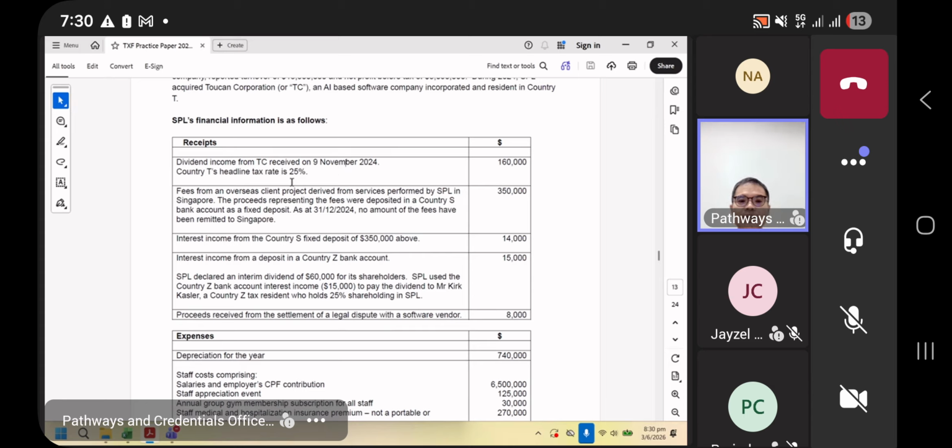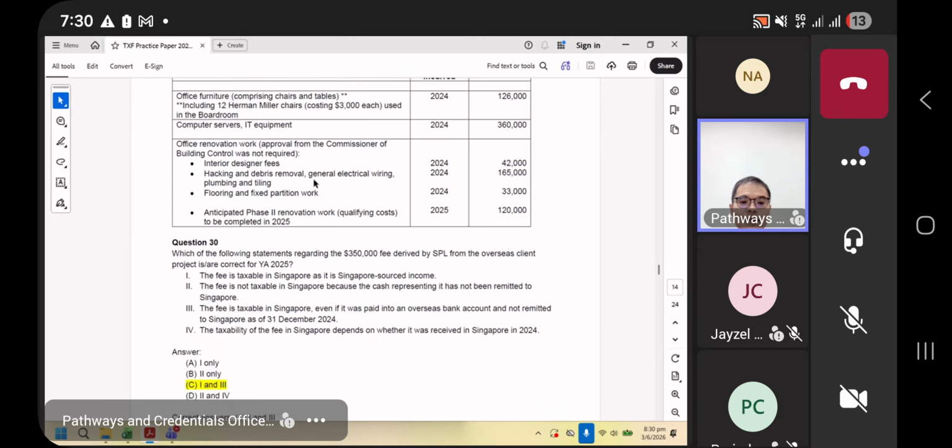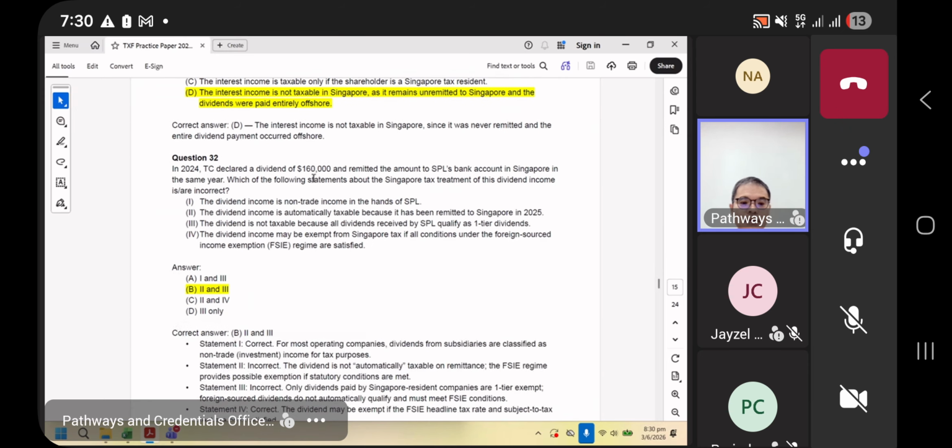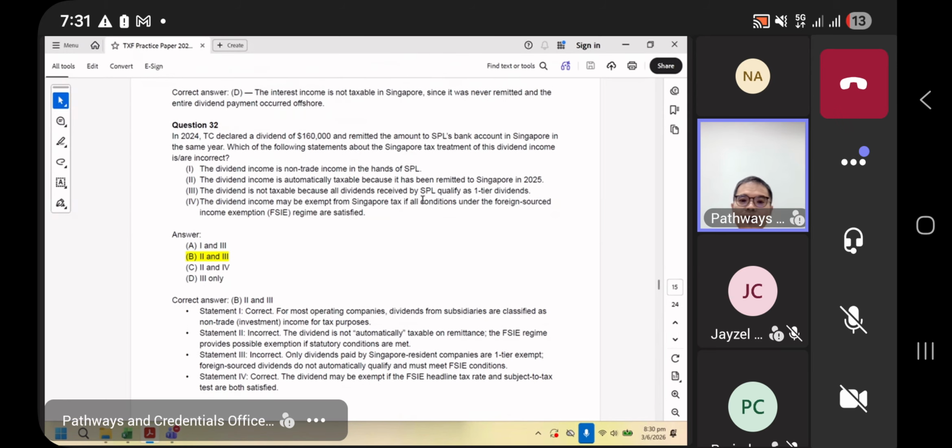In this context, the headline tax is 25%, and as you know, dividends is paid out of after-tax profit. So the amount has already been taxed in country T. So you have to analyze whether the dividends income is taxable or is exempted. This is incorrect because of the word automatically. It is not automatically taxable.